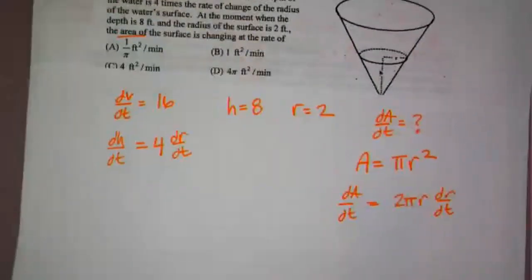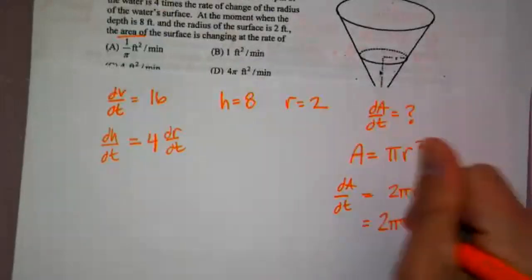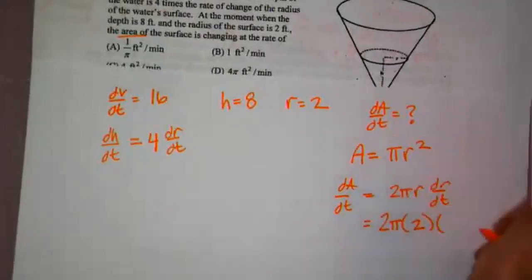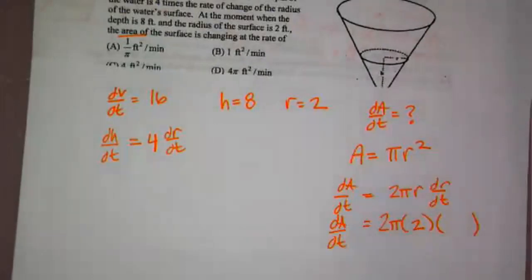To figure out what dA/dt is, I need to find what? dr/dt. I already know that r is 2. We're going so fast, sorry, I'll slow down. Find dr/dt, which is dh/dt divided by 4.